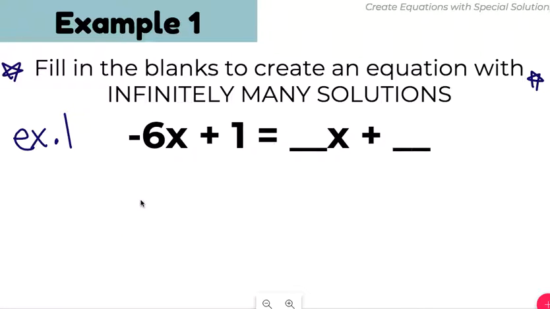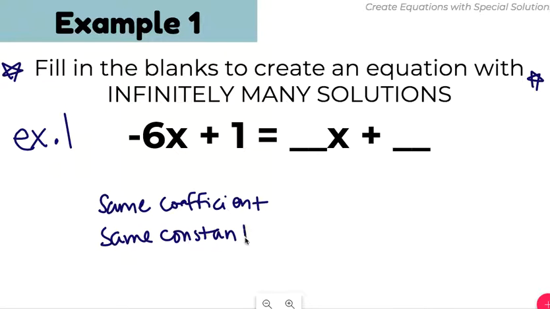Okay, so remembering our requirements, we need to have the same coefficient and the same constant. Double check that everything is simplified. I don't have subtraction to deal with. There are no other operations to do. So I can focus on my coefficient. My coefficient is a -6.